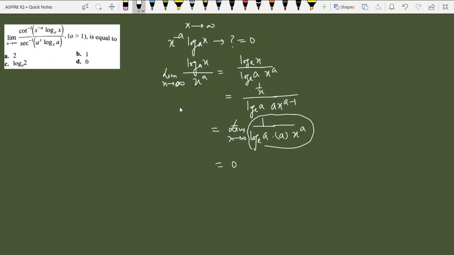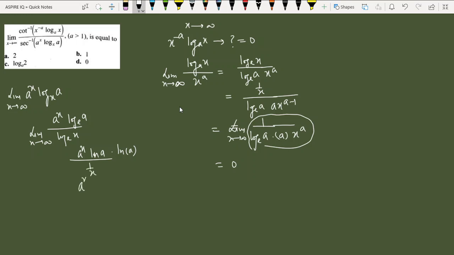Now come to the second expression, a^x and log_x a, limit x tends to infinity. I change the base, log_e a and log_e x. Now again use L'Hospital: a^x ln a, which is already written here, and log x is 1 upon x.